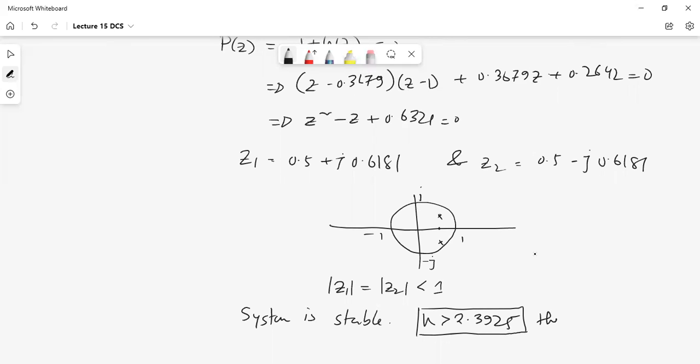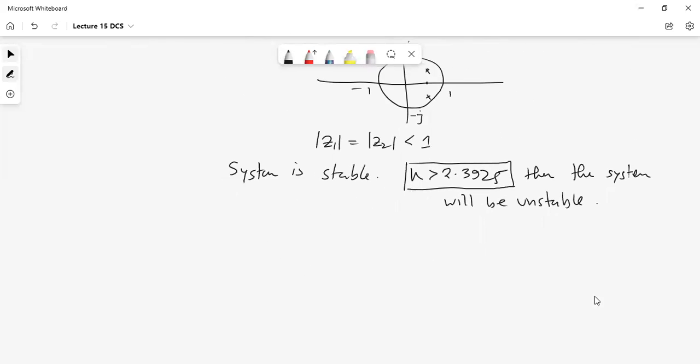In example 4.7, we'll also try to show how to derive that, or how to find the condition that gives this kind of thing. So this is a direct solution.